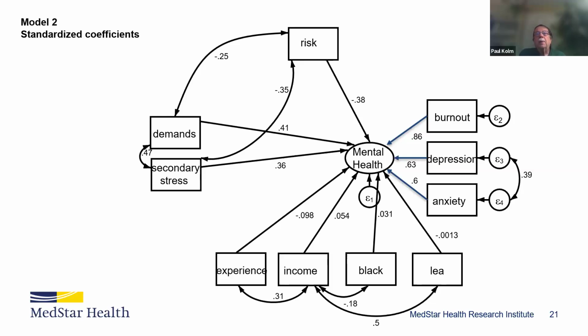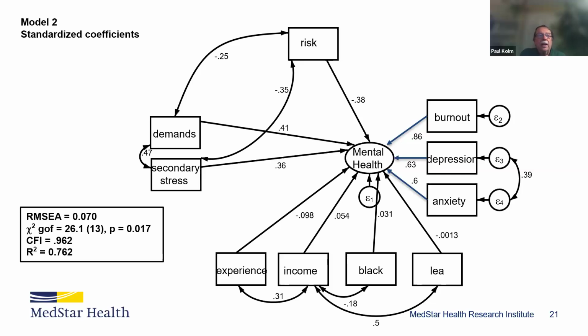So here we're proposing that these variables are moderating variables. So again, our fit statistics are still not real great because we still have a significant chi-square, but our R squared is improved and the fit index is improved.